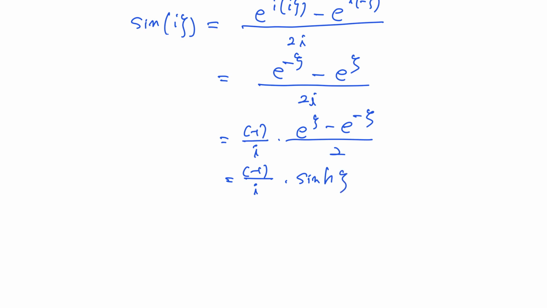And we can apply the principle of doing nothing, multiplying by i. So it becomes minus 1 over i times sine hyperbolic zeta, so this is i sine hyperbolic zeta.